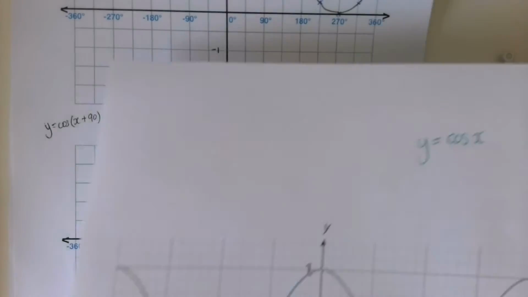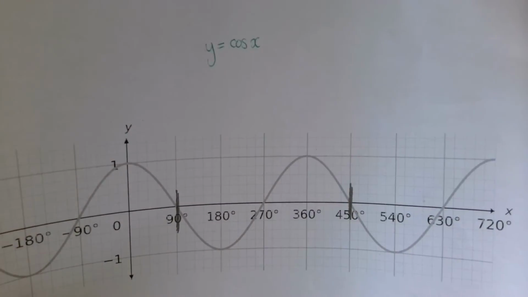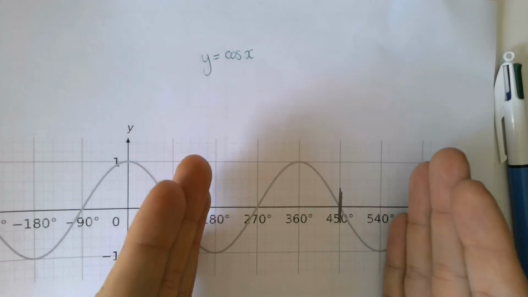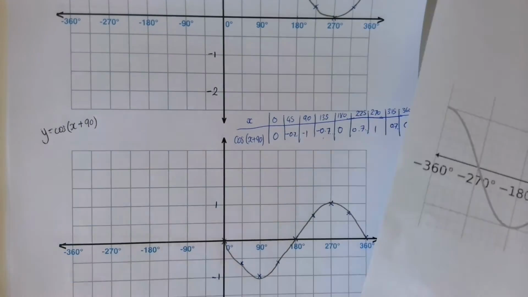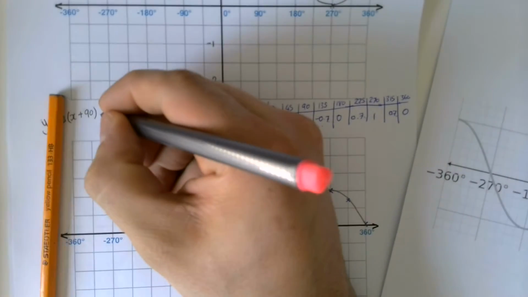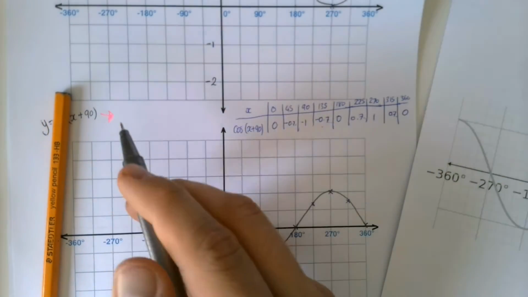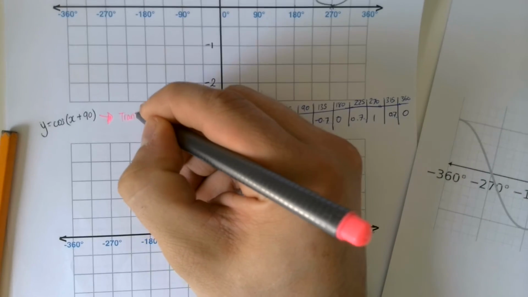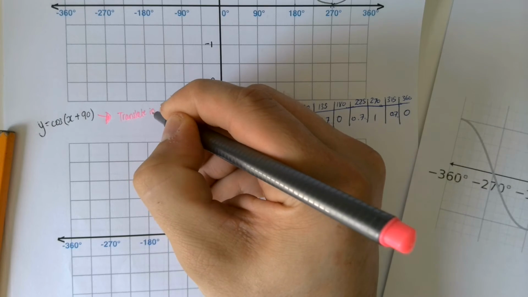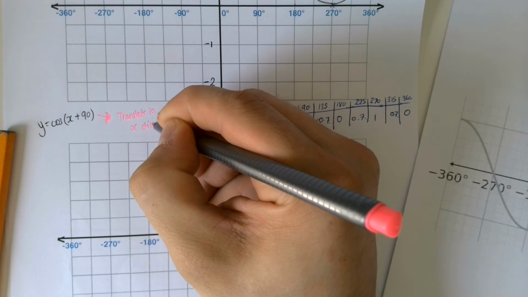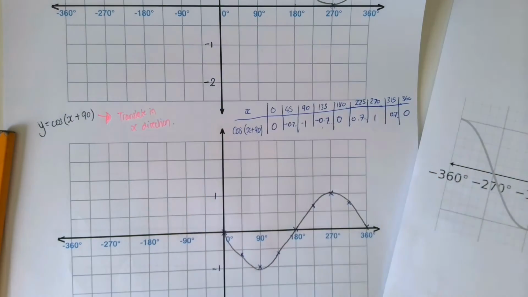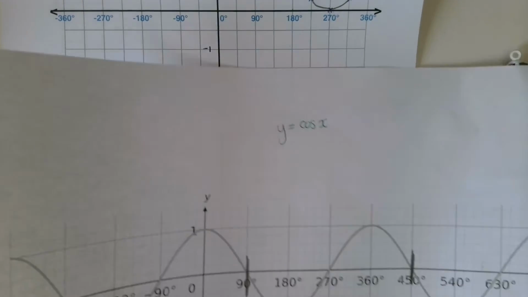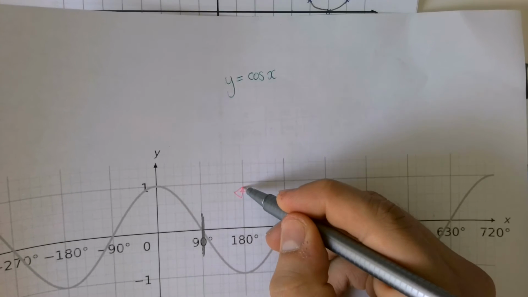So again, all I've performed is a translation. I've moved this bit of the graph along. So I've translated in the y direction. Sorry, the x direction. So when it's inside the brackets, you would translate in the x direction. But if we look here, I've added on 90. But I just said I've moved it to the left.